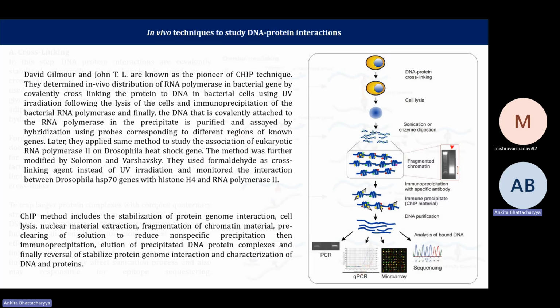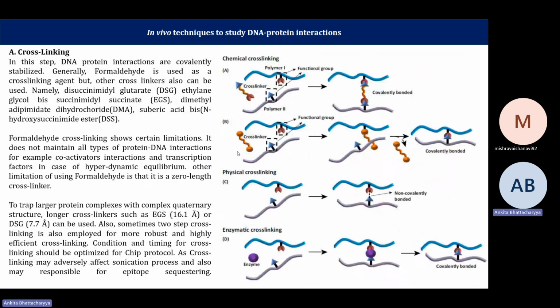Next we move on to the reagents necessary in this entire protocol. The first step, which we already discussed, is where we freeze interactions present in vivo between DNA molecules and protein molecules. For that, cross-linking is the necessary step. Covalent stabilization of this interaction is carried out by a number of different molecules.